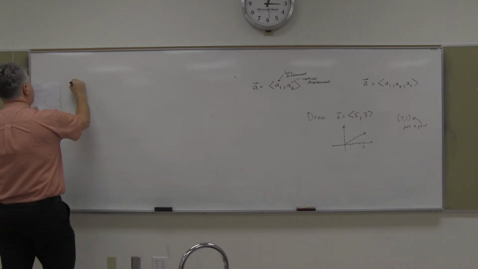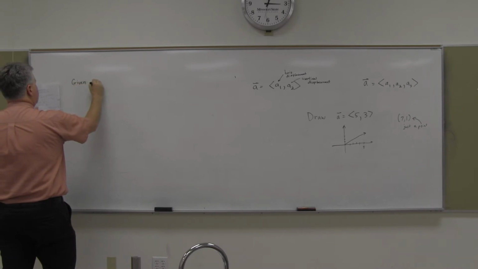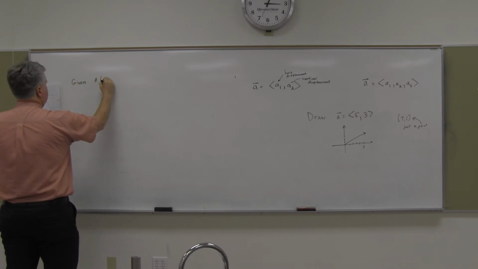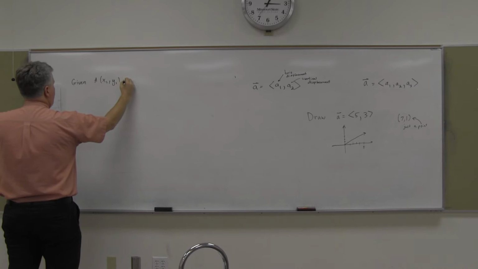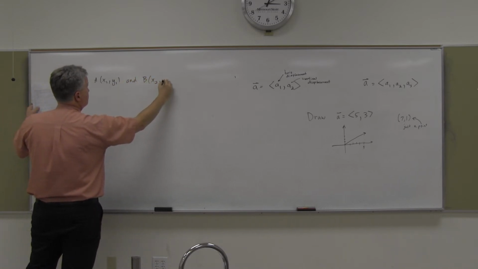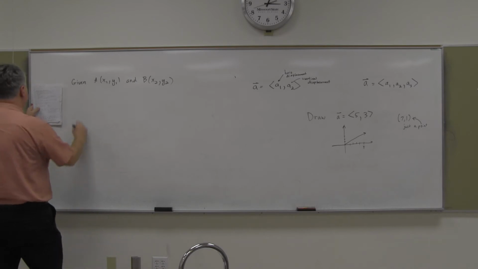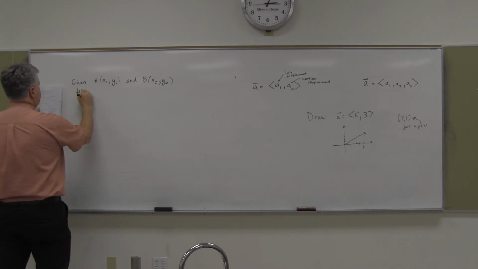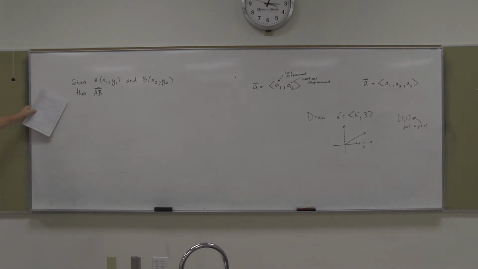So if I'm given A is x1, y1, and B is x2, y2, then what about vector AB? Those 2 points, it doesn't say one is the origin. So what am I going to do there?